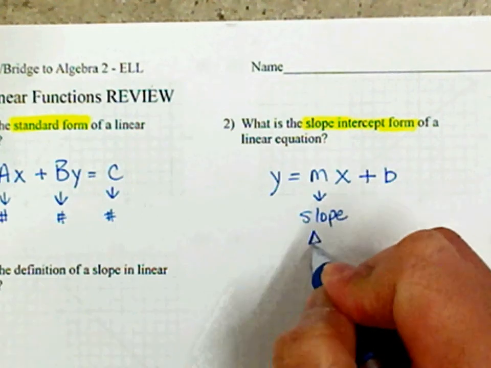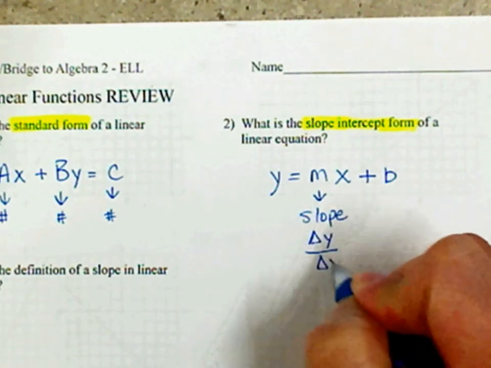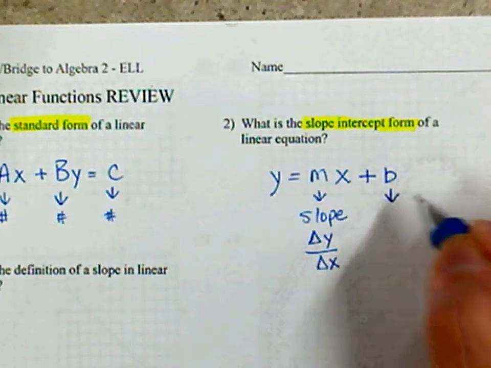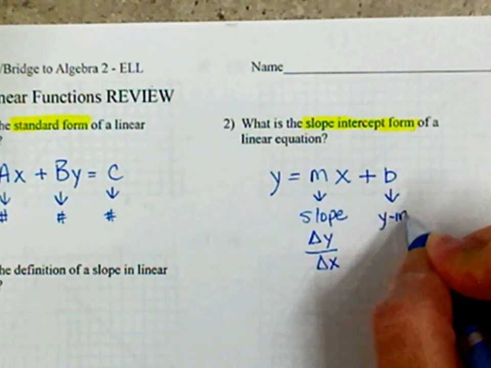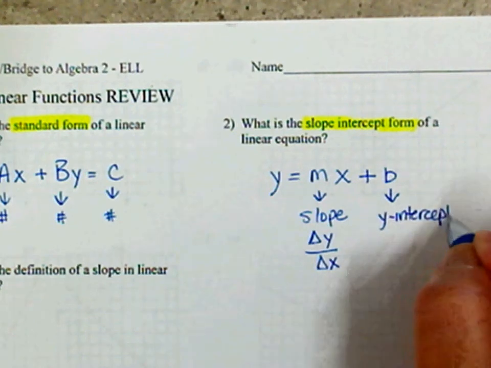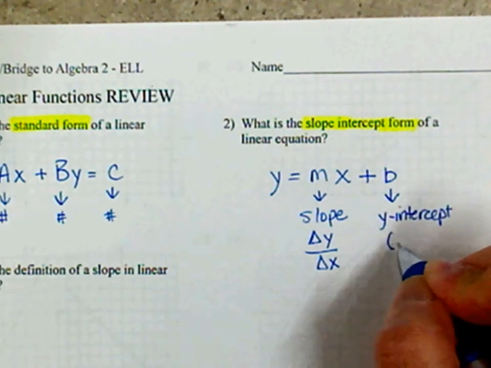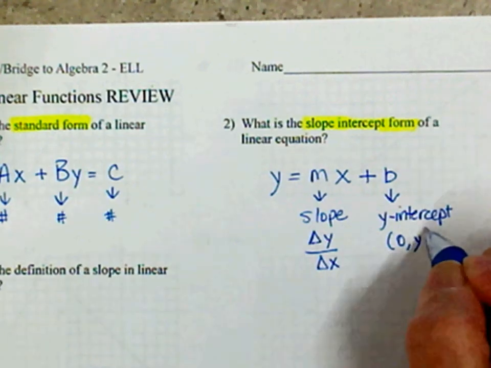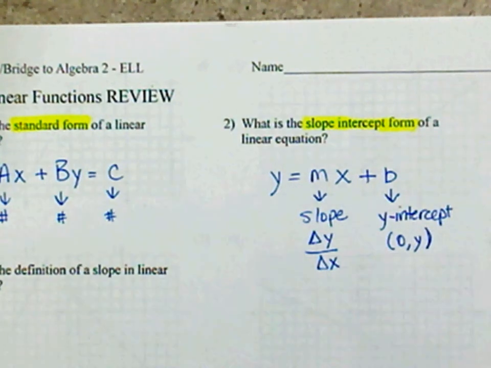It is the change of y over the change of x. That means the difference, that means you subtract. And your b is your y-intercept. And if you ever write this point, it looks like this: 0, comma, and whatever that y is. So there's the m and the b.